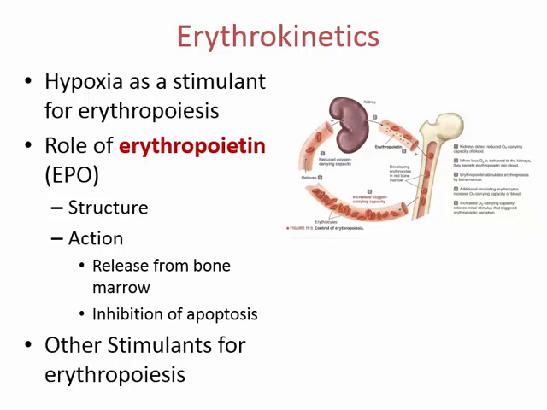What does cyte mean? What does emia mean? In blood. What does ia mean? Pertaining to. Pertaining to a condition in which you have a lot of cells in the blood. Polycythemia. It's bad. Why is it bad?